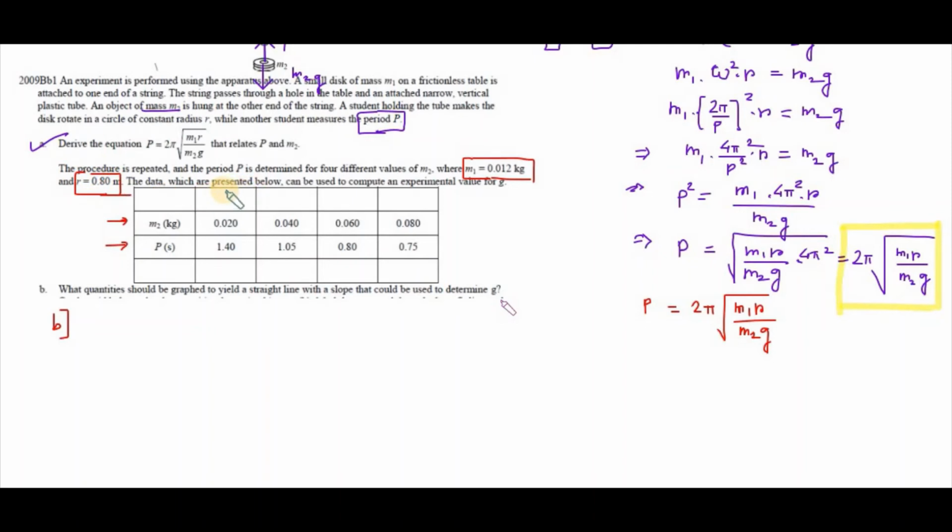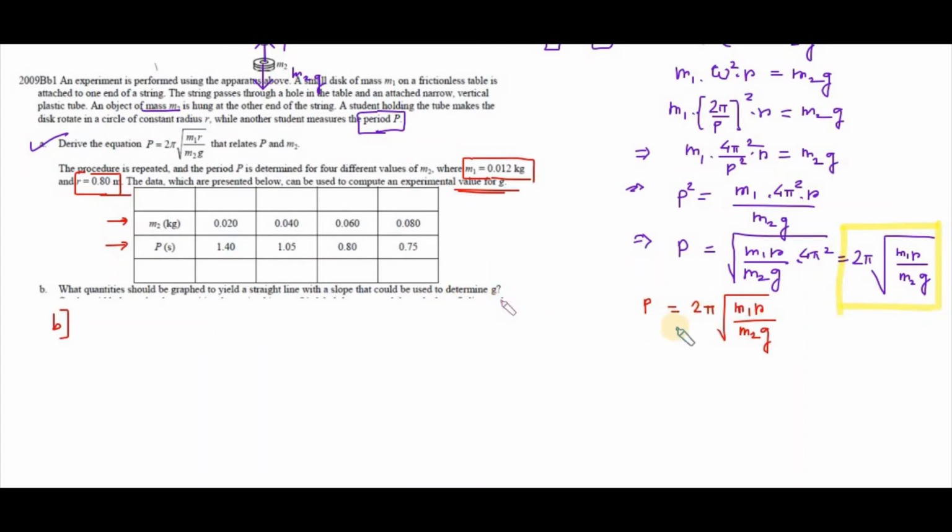The data presented below can be used to compute the experimental g. So the objective of the experiment is to find the value of g, the gravitational acceleration. Now the question is, what quantities should be graphed to yield a straight line with a slope that could be used to determine g?